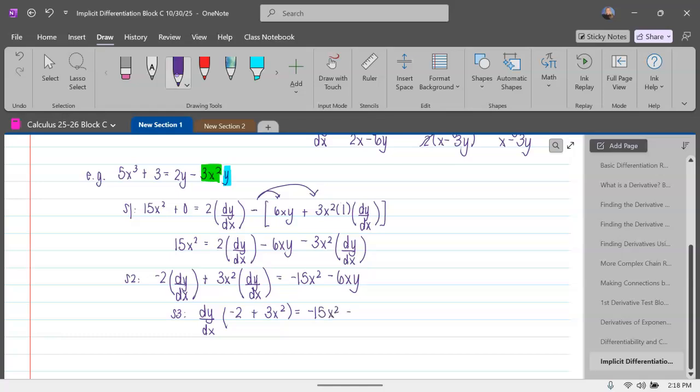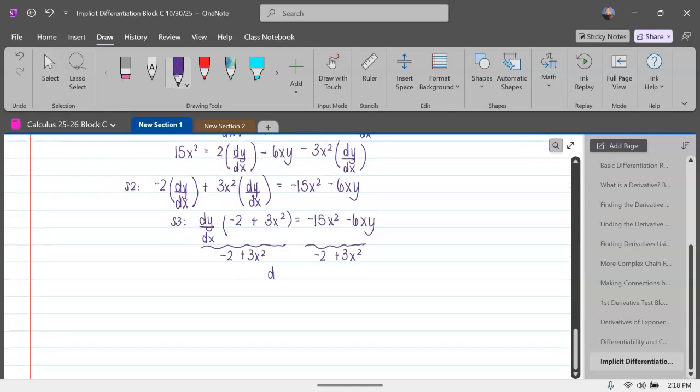And then dividing by negative 2 plus 3x squared. And so your final answer will be dy/dx is equal to negative 15x squared minus 6xy all over negative 2 plus 3x squared.